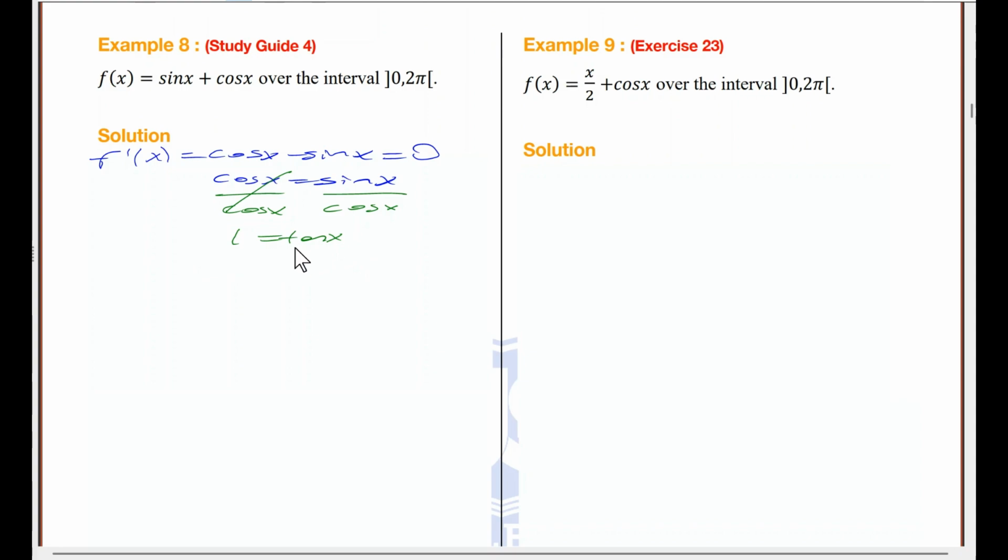Now I have a single trigonometric function. I have an angle, but I don't know its measure. Let's find this angle by using the inverse function. x is equal to tangent inverse of 1, which is 45 degrees, pi over 4, right?